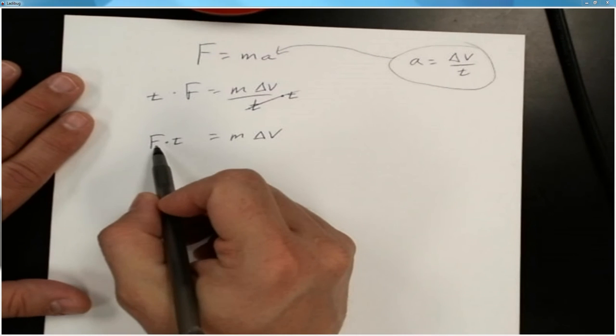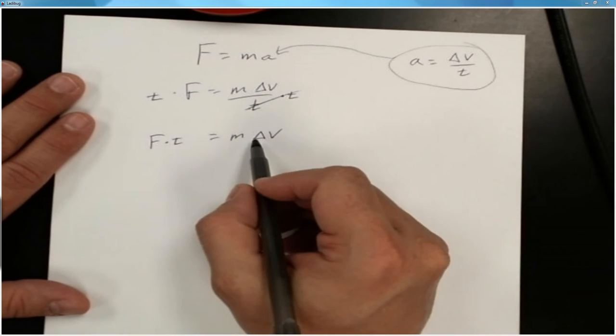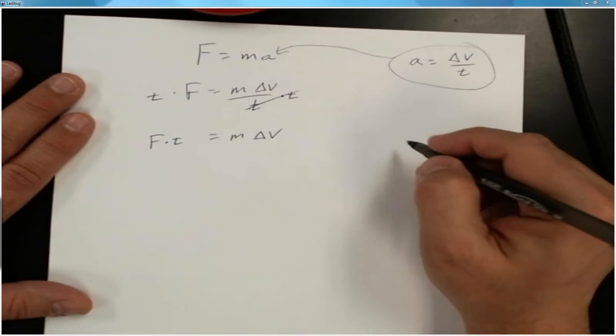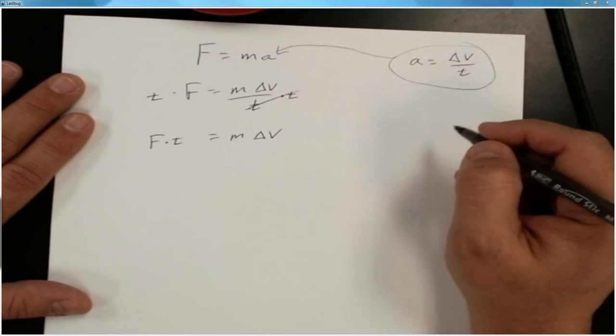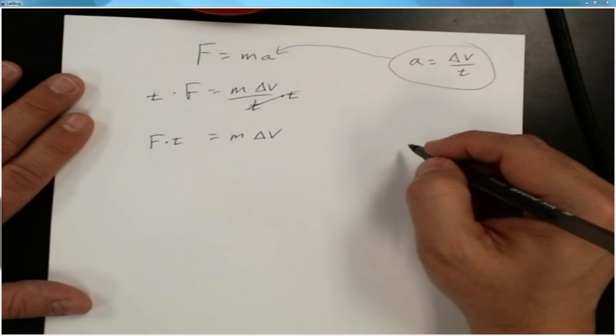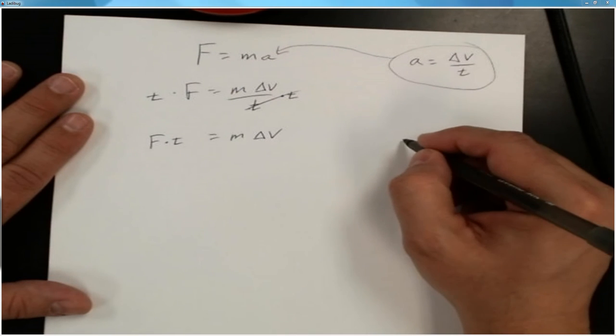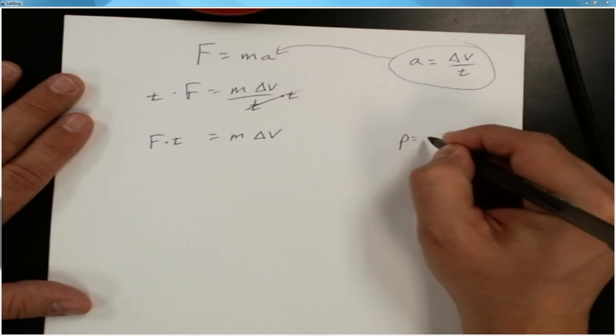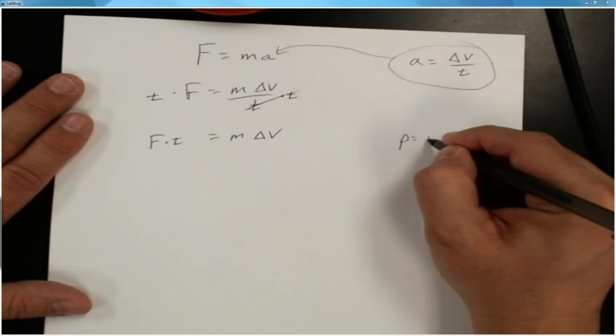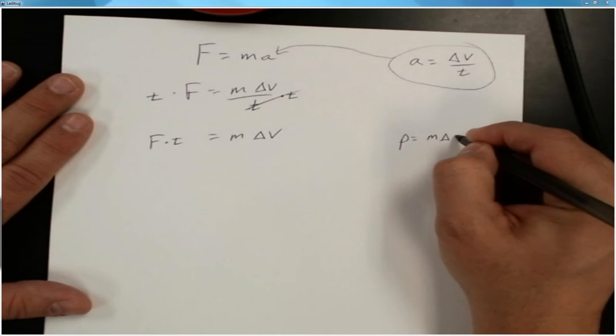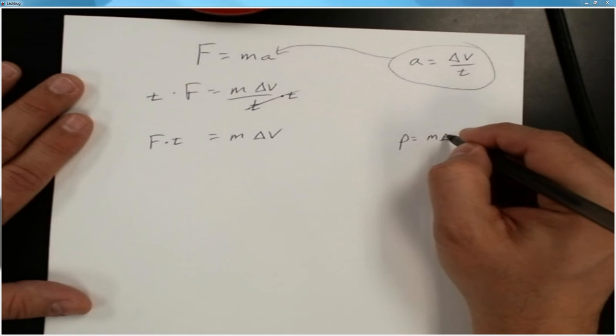Okay, so this says force times time is equal to mass times the change in velocity. We know from earlier that mass times velocity is momentum.